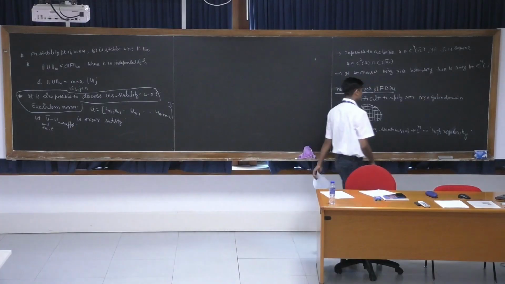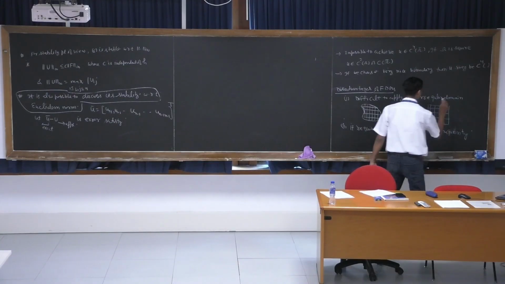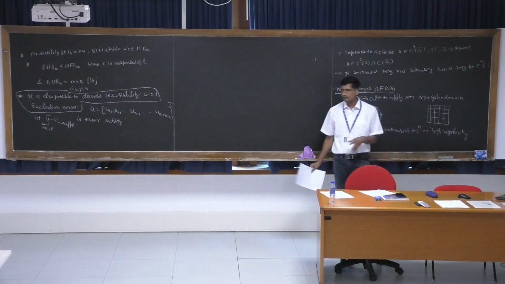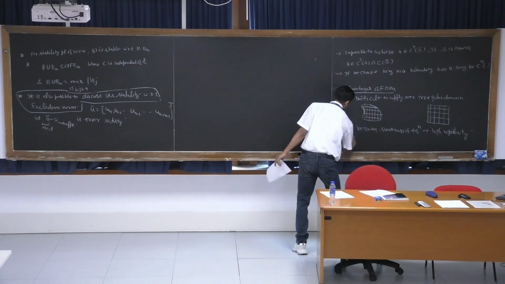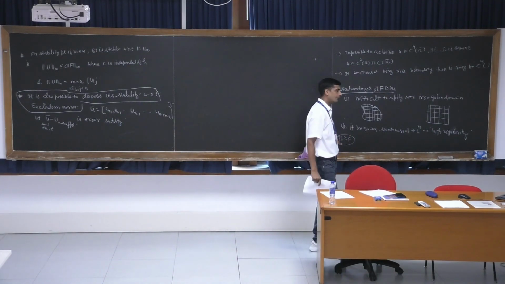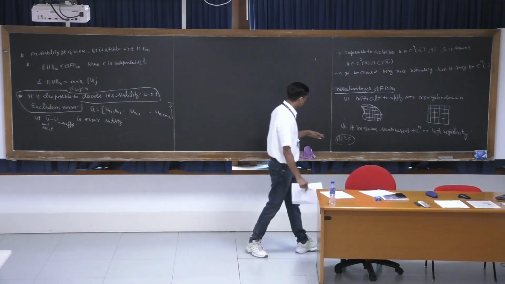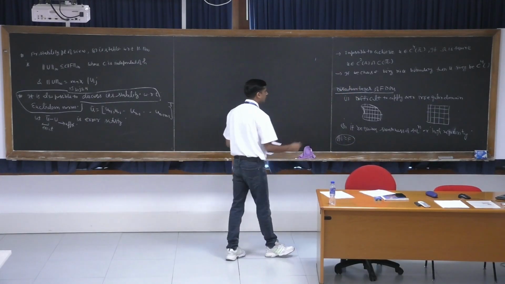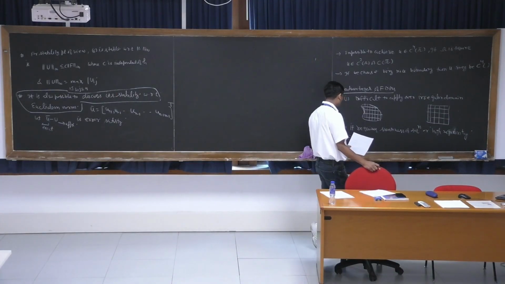When you refine the mesh, the system AU equal to F becomes very big, meaning the dimension of A will be higher and higher. So it is difficult to solve this system.